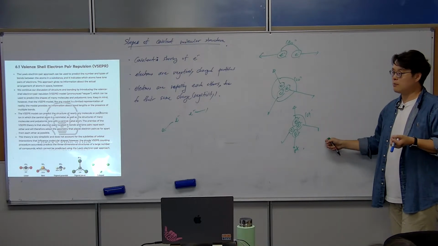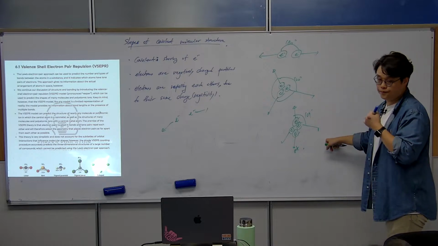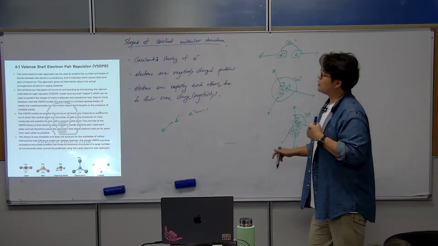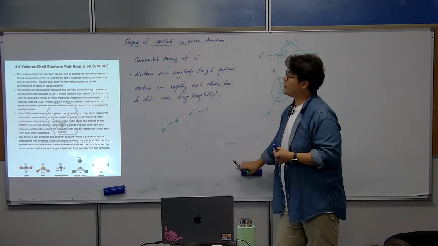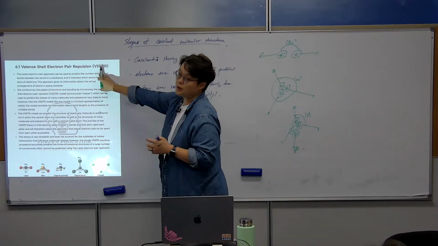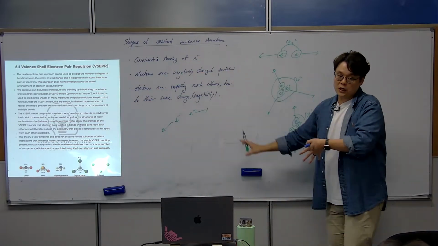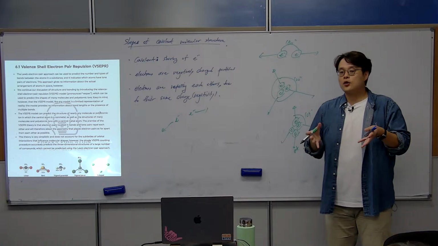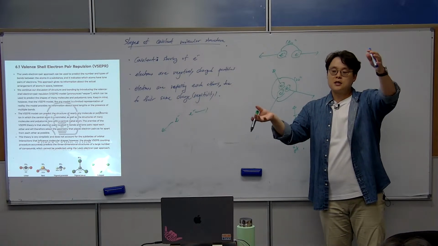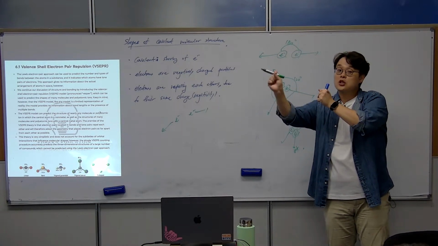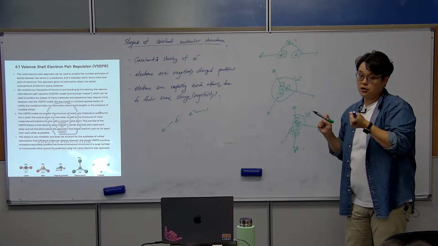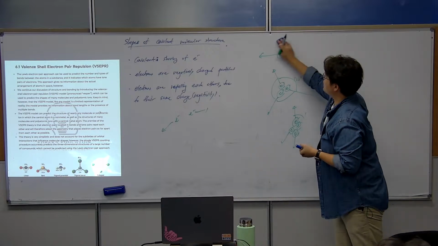I'll show you in the modeling in a second. To understand VSEPR theory, or valence shell electron pair repulsion, this is the basics you need to understand: when anything forms a bond, the electrons try to push each other due to their negative charge.